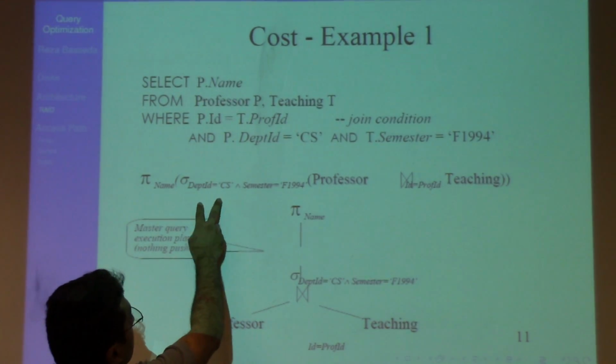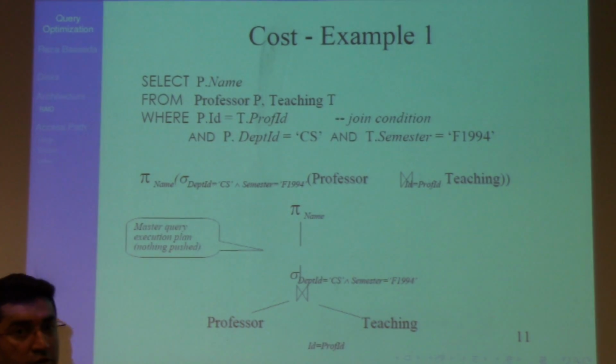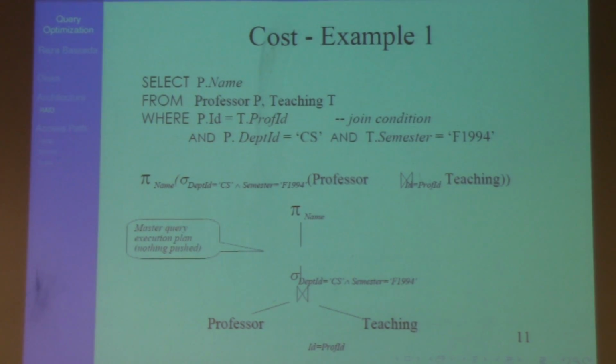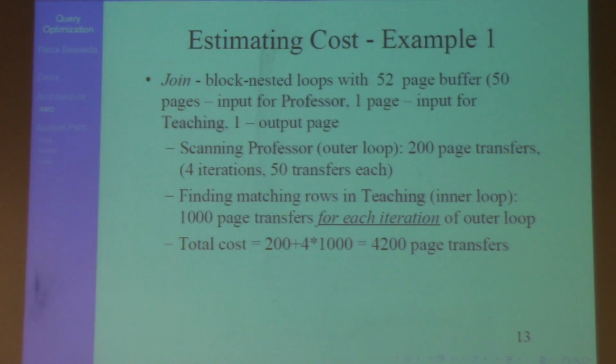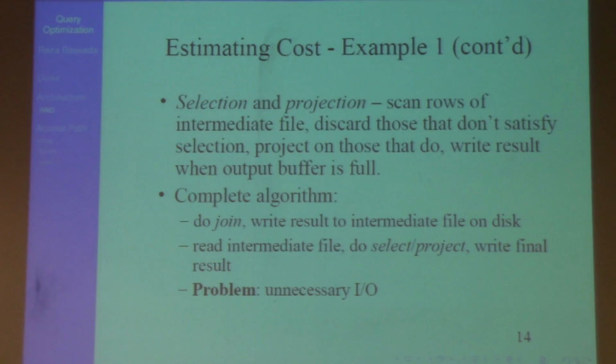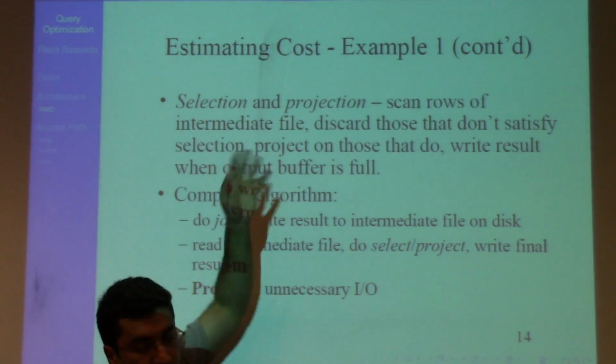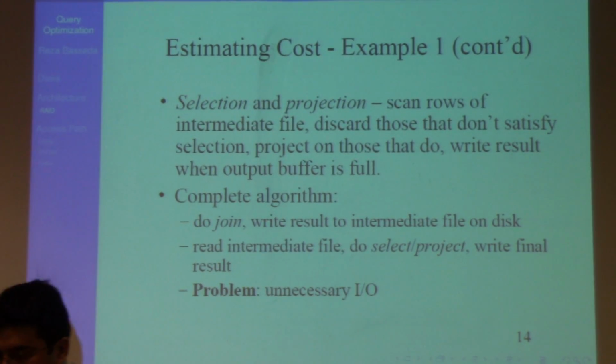Department ID and semester, both of them. We could use these indexes at the beginning, but now no index is available. So what we are doing is we need to scan the rows of the intermediate file and then discard those that are not matching the condition.